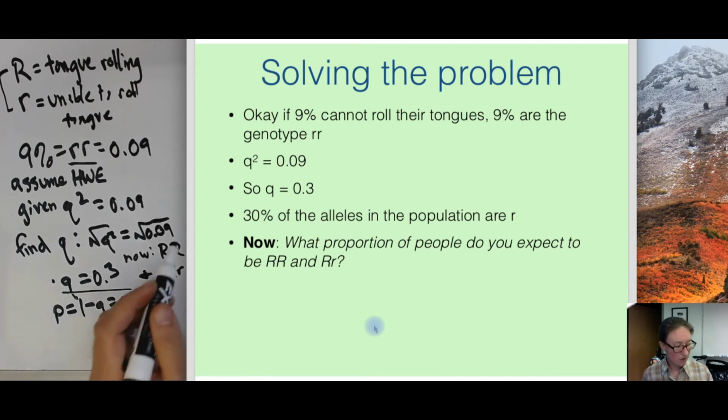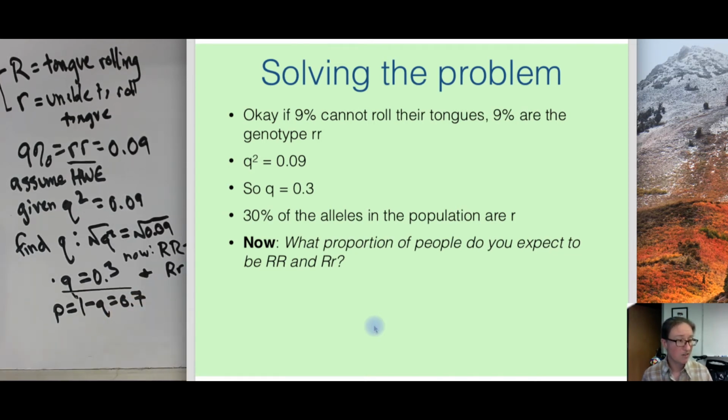And if we want to figure out big R big R, and big R little r, then we just need to expand back out. So big R big R is going to be equal to P squared. So now that we know P, that's 0.7 squared, 0.49. And then for big R little r, right, that's going to be equal to 2PQ.